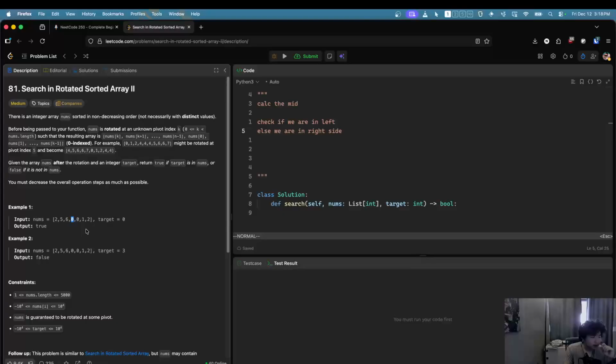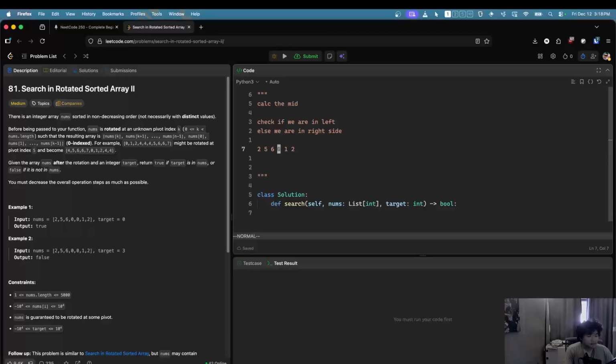Basically, where am I in this pivot? Am I towards the lower side or higher side? We can't really tell. But I know about duplicate values. If this didn't have duplicates, for example, 2 5 6 0 1 2, we know duplicates are going to be next to each other because they're still sorted.